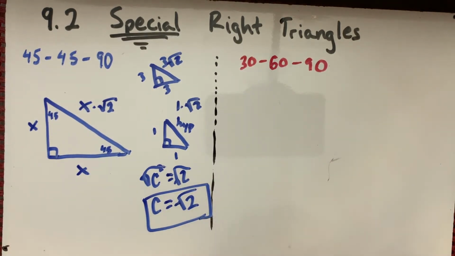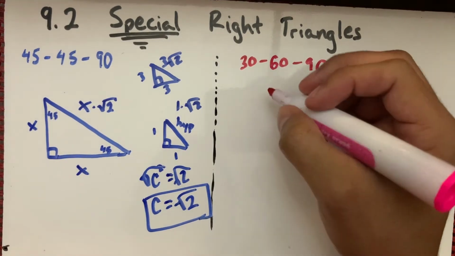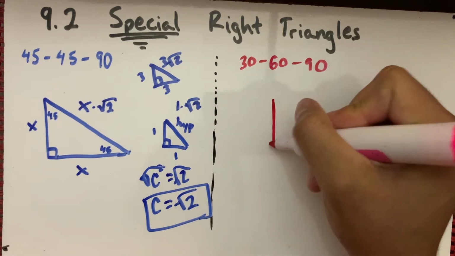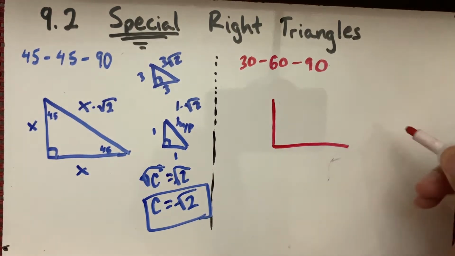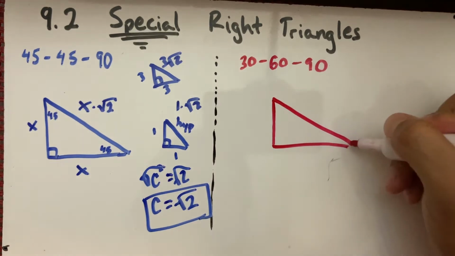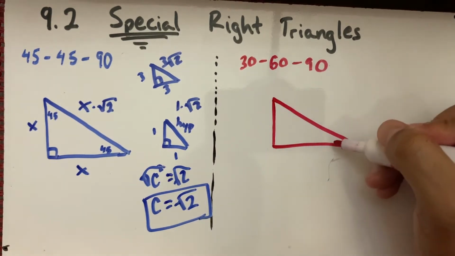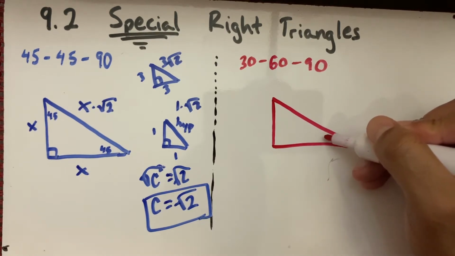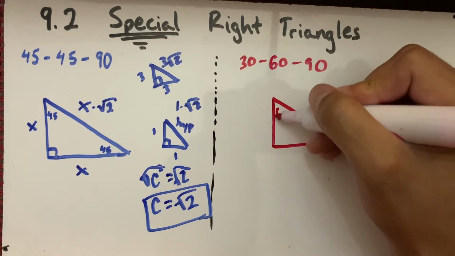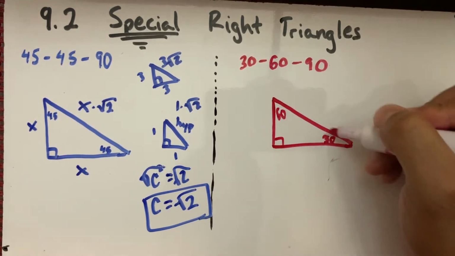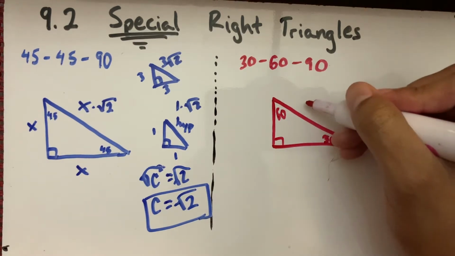All right, and now for the 30, 60, 90, this one can get a little bit more tricky, but it's going to look something like this. You're going to have your right triangle, and the shorter side, the side opposite this angle here, is going to be 30. This is a 30, and this would be 60. And this side length right here is the hypotenuse.